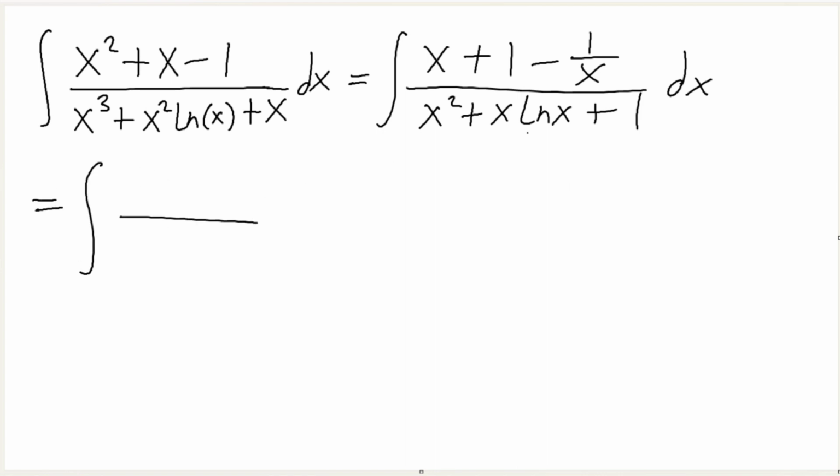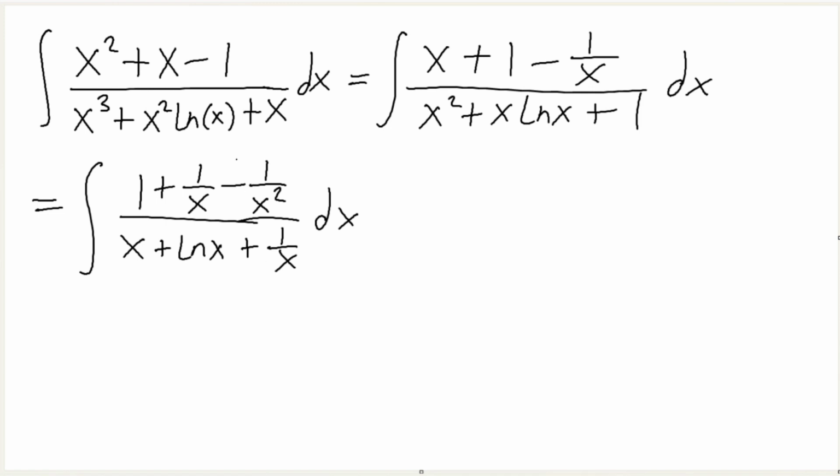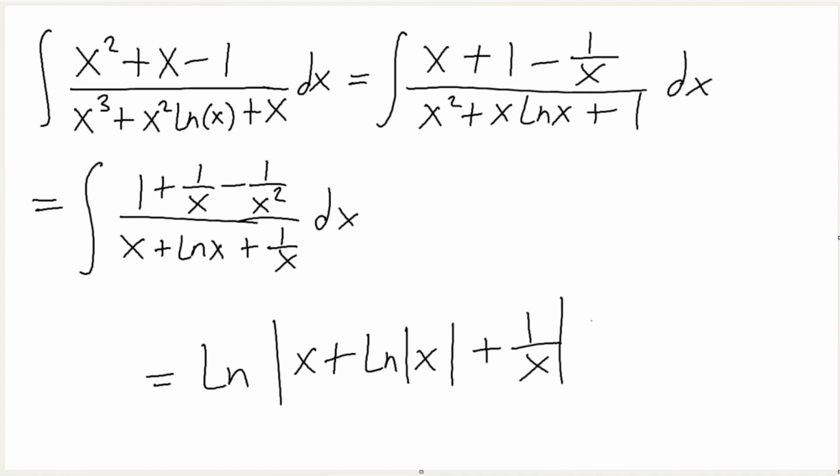So dividing by x, we get 1 plus 1 over x minus 1 over x squared, over x plus ln of x plus 1 over x. That looks correct. That seems to be right. The top is the derivative of our bottom. Alright. So now this is ln of x plus ln of x plus 1 over x plus c.